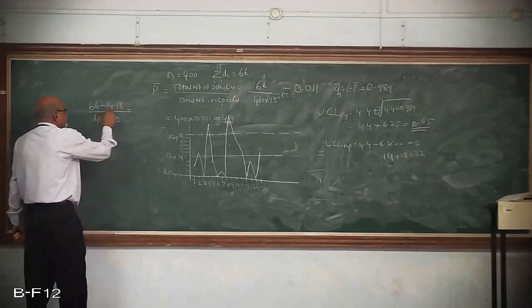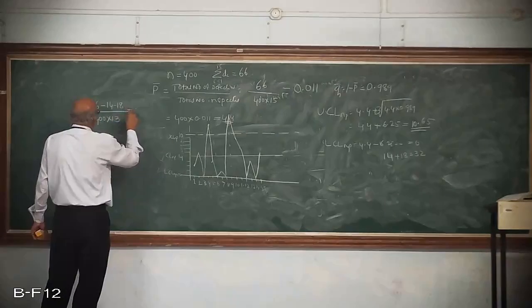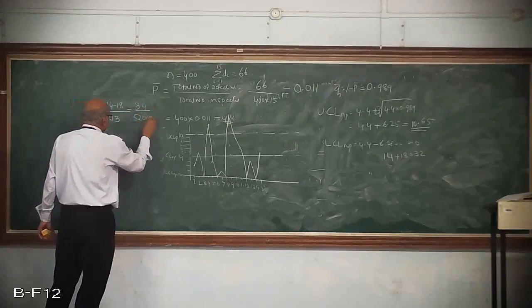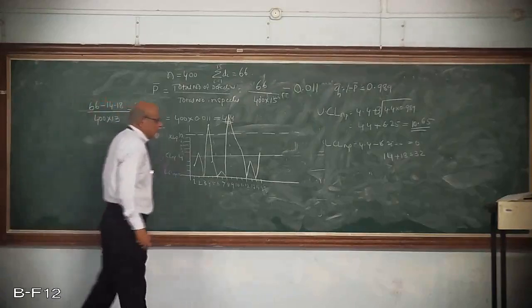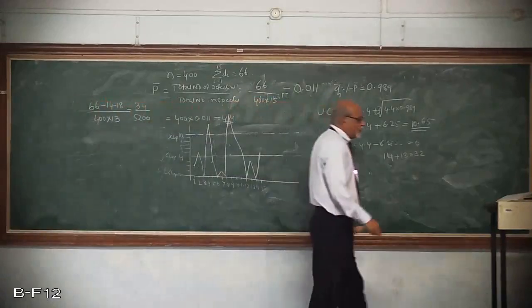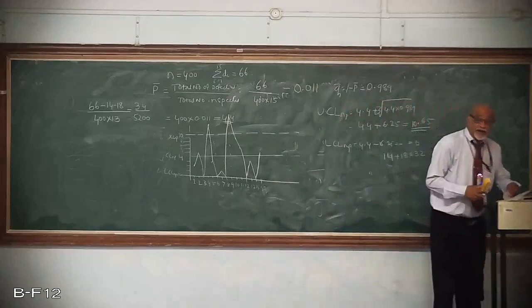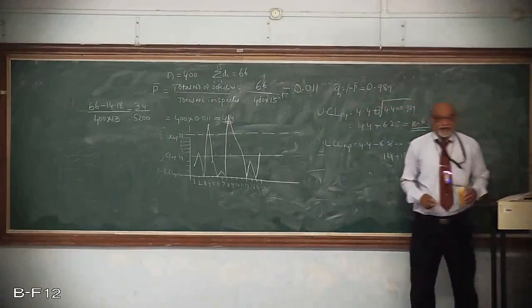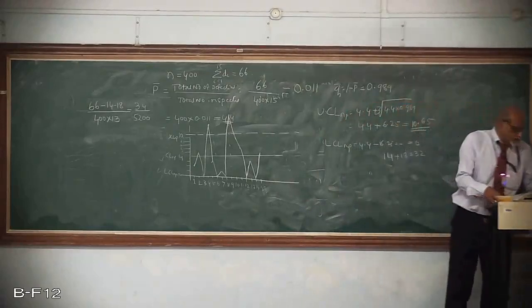So 66 minus 14 minus 18 works out to be 34. This works out to be 5200. Okay, 34 by 5200 is the revised fraction defective. So that works out to be how much, we have to see.